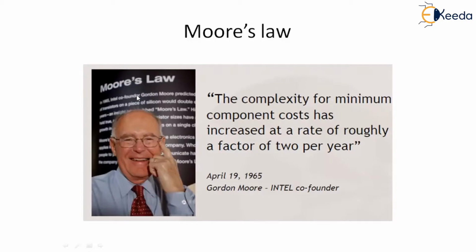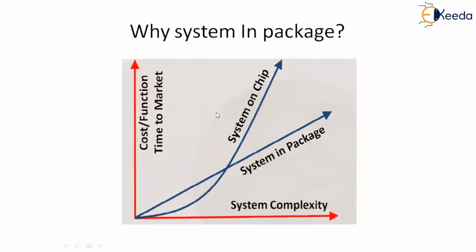This was said in April 1965 by Gordon Moore, an Intel co-founder. Complexity for minimum component cost will increase at a rate of roughly a factor of 2 per year, which we can see nowadays. Why is system in package used nowadays?